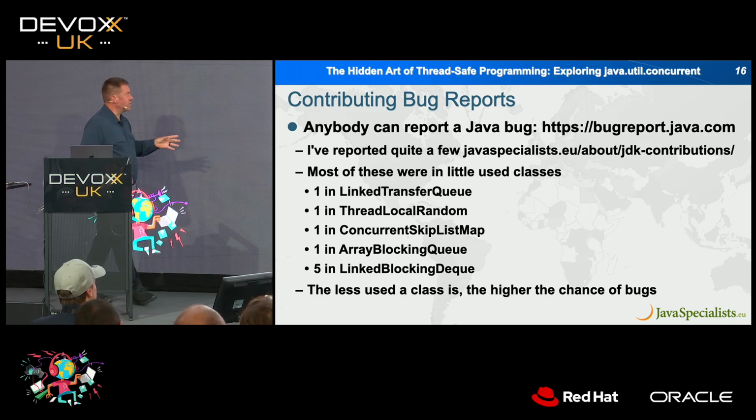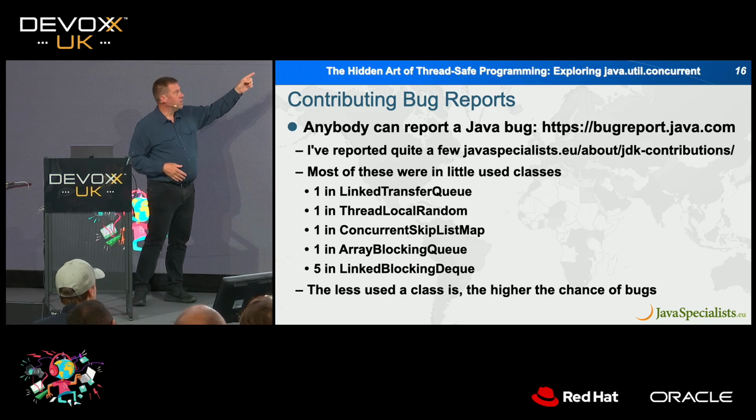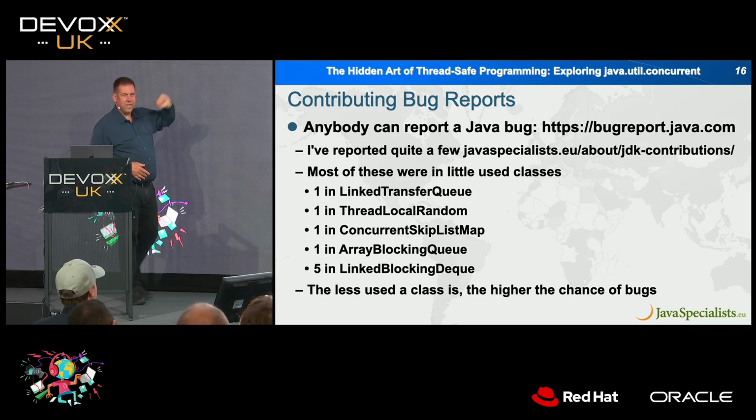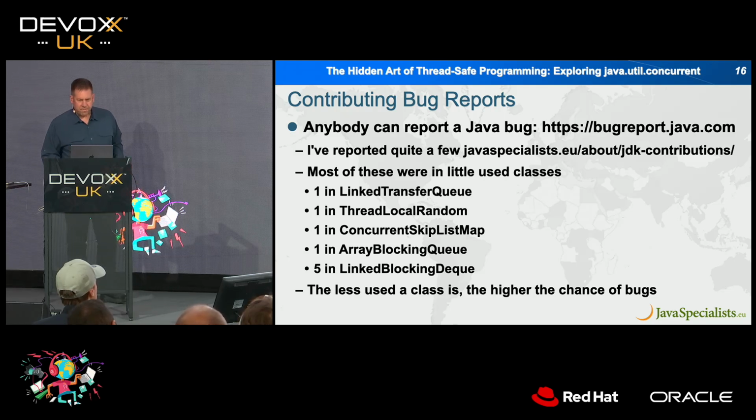And just to show you, for example, I found one in LinkedTransferQueue, one in ThreadLocalRandom, which was a weird, very strange bug. ConcurrentSkipListMap, I found one. ArrayBlockingQueue, I found one. But I know of some other ones which are not that serious, like the deadlocks in Vector. And then I found 5 in LinkedBlockingDeque, all different bugs.